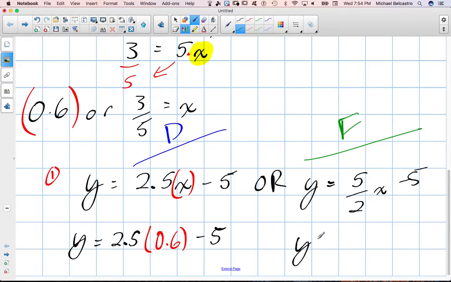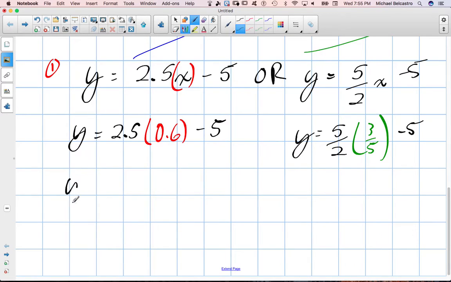And with our fractions, we have y is equal to 5 over 2 times, actually, I guess I should have used the colors I used above, 3 over 5 minus 5. Wonderful.